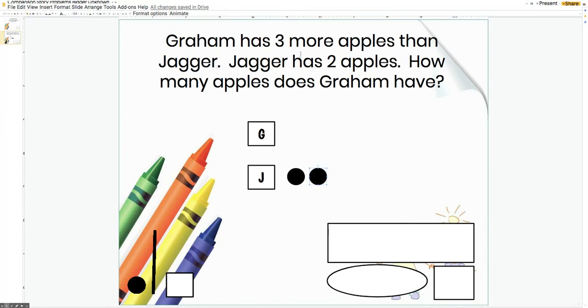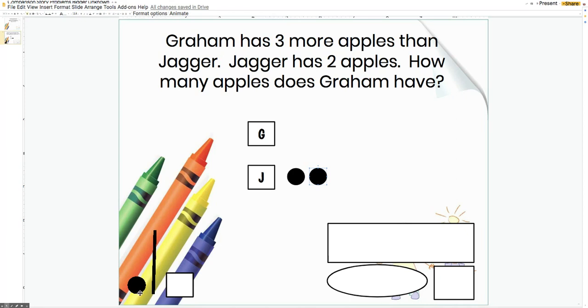It says Graham has 3 more apples than Jagger. 3 more. That's interesting. So if he has 3 more apples than Jagger, does he just have 3 apples? No, he has 3 more than Jagger. Well, if he has 3 more than Jagger, does he still have the same amount as Jagger?